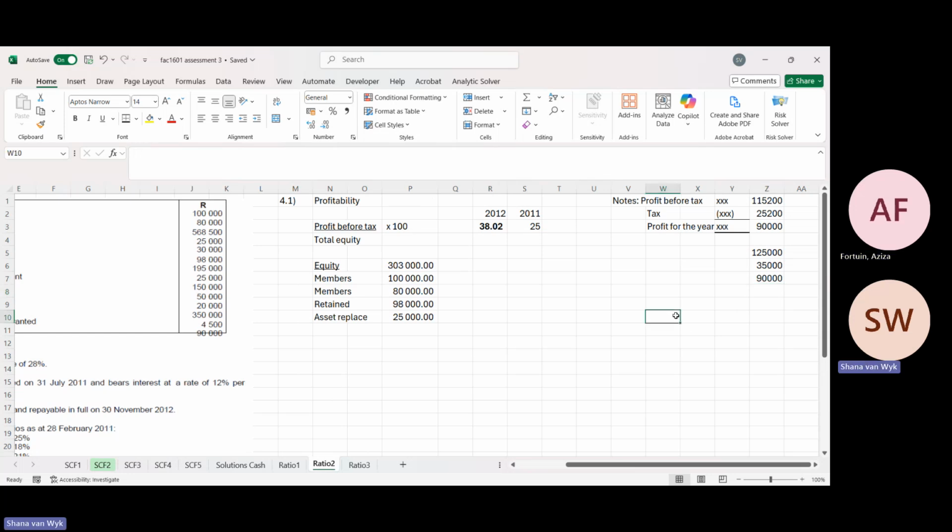Yes, I just quickly want to see now, because this means 90,000, and 1 minus 0.28 is 72%. Now we want to know how much of that is tax.